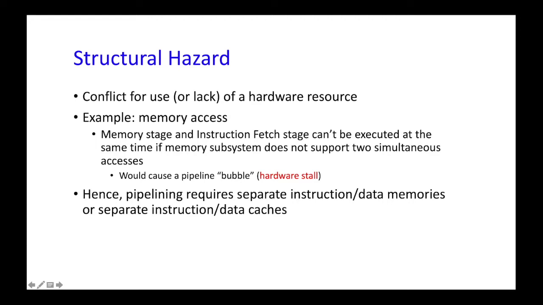If the memory subsystem does not support two simultaneous accesses, the memory stage of the instruction execution and the instruction fetch stage cannot be executed at the same time, and one of these two stages would be stalled, causing a bubble in the pipeline. This is one of the reasons why we have separate instruction and data L1 caches.